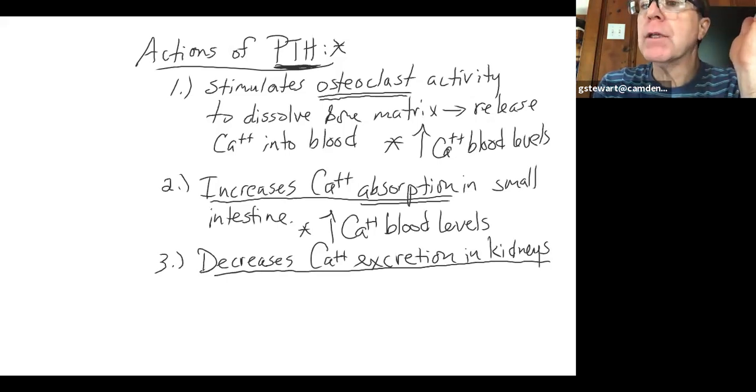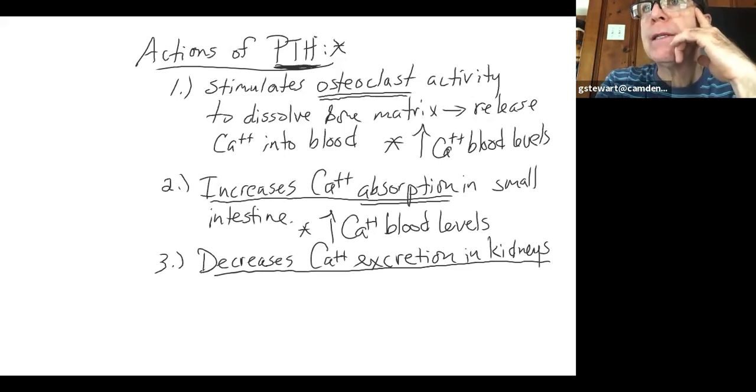The stuff that we don't need, or have excess of, or that is dangerous in our blood, the kidneys filter out and we get rid of in our urine. So whenever we have excess calcium in the blood, that leaves in our urine if we don't need it.